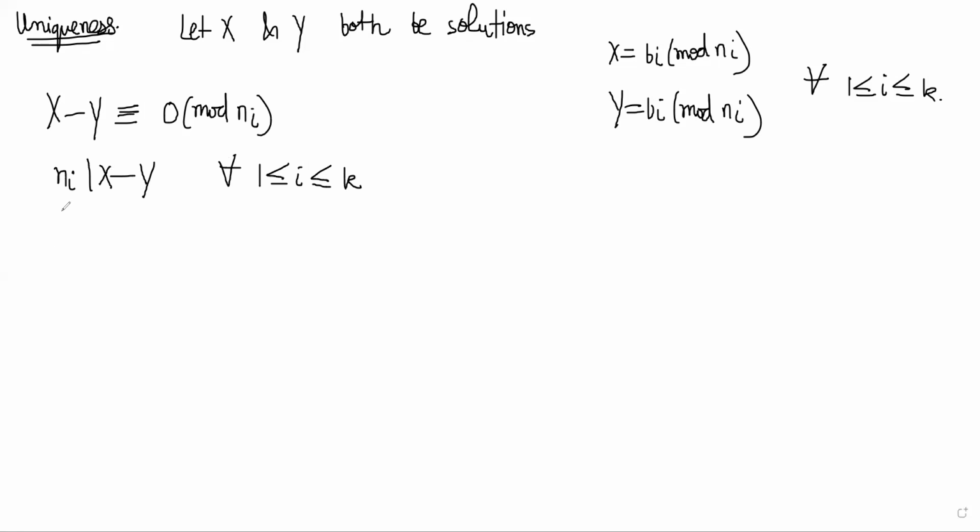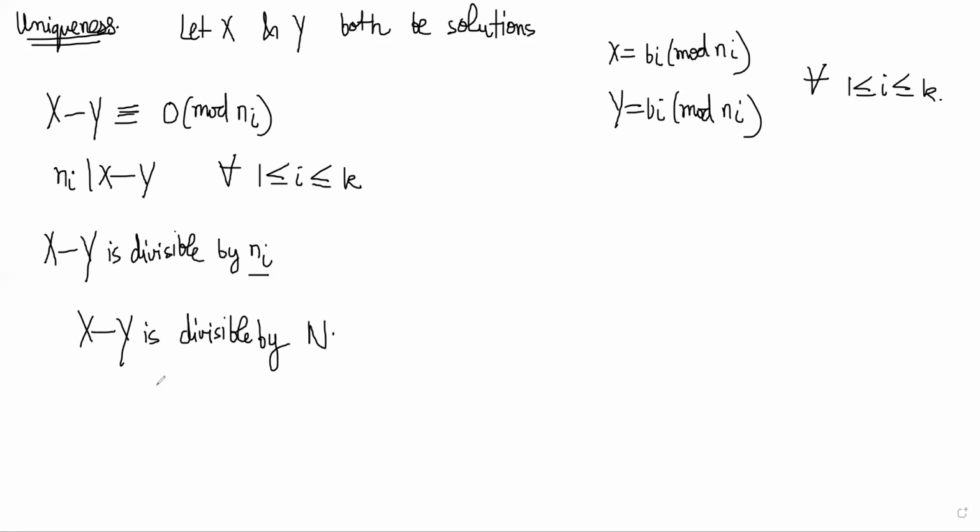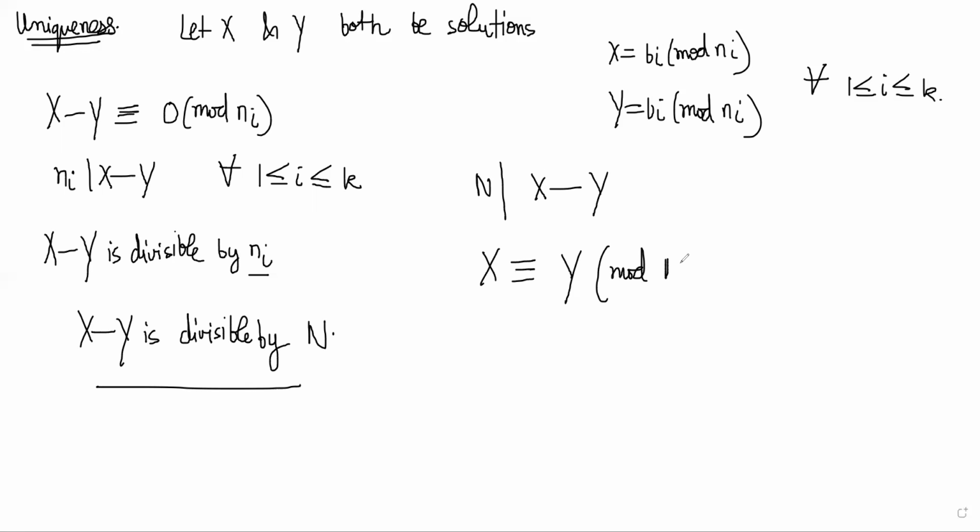So x minus y is divisible by each ni, and since the ni are all co-prime, x minus y is divisible by the product of them, that is, by capital N. Since we're taking modulo, x is congruent to y modulo capital N, and capital N was n1, n2 till nk.